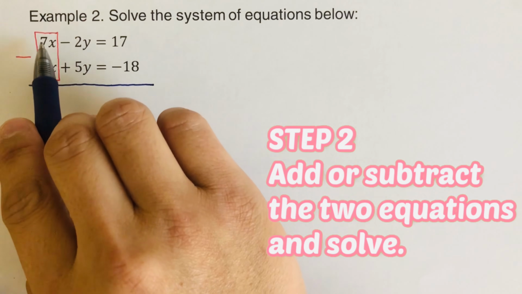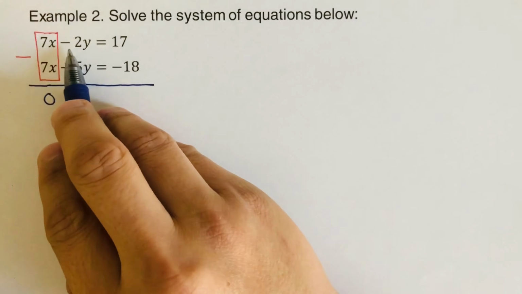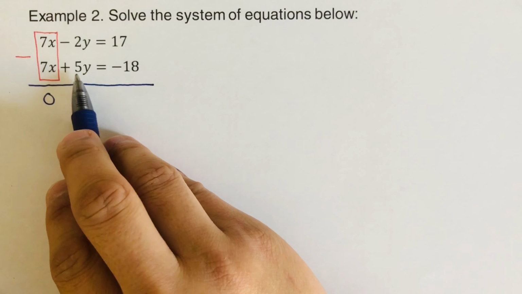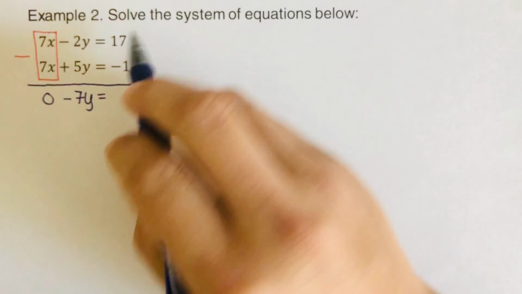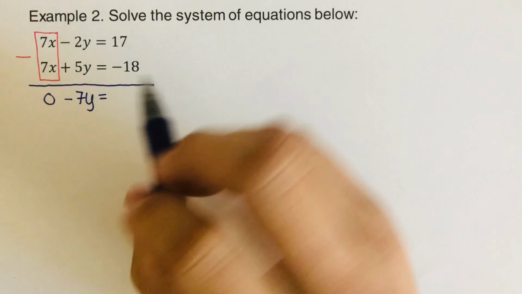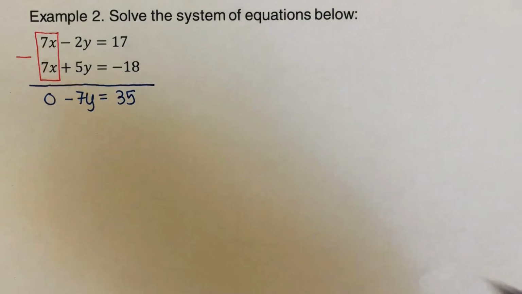So in this case right here, 7x minus 7x is 0. Negative 2y minus 5y would be negative 7y is equal to, that is 17 minus negative 18 is a positive 35. And so from here, we can go ahead and solve for y.